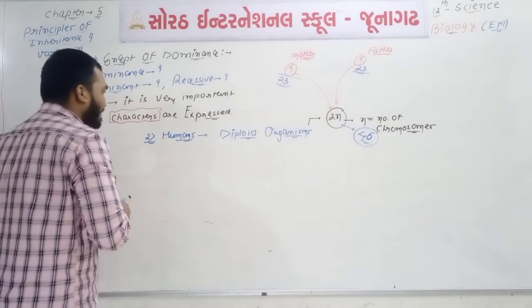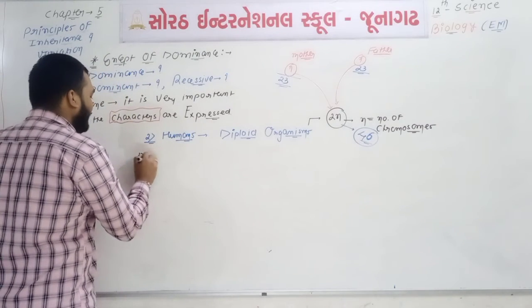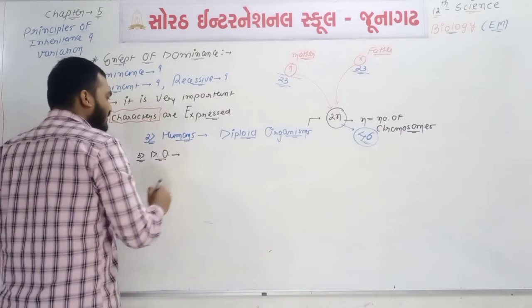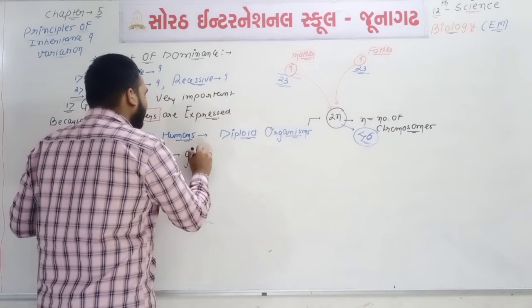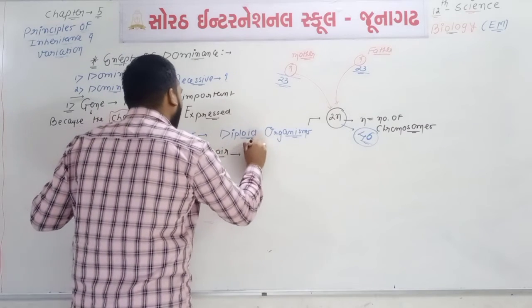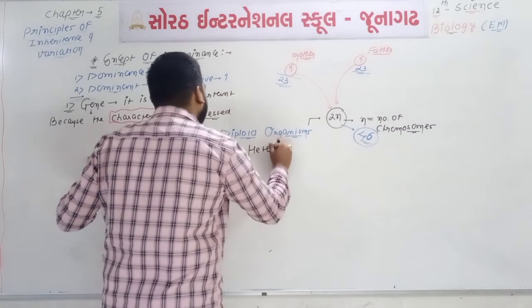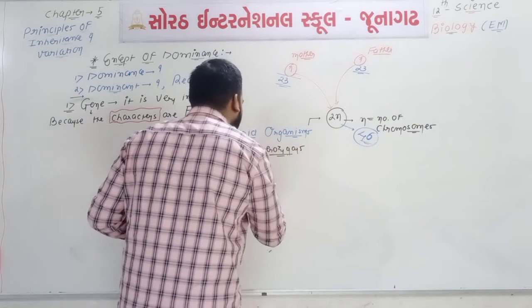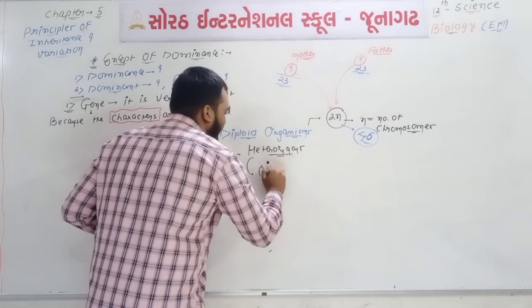So point number 3: in a diploid type of organism, the gene pair will always be heterozygous.